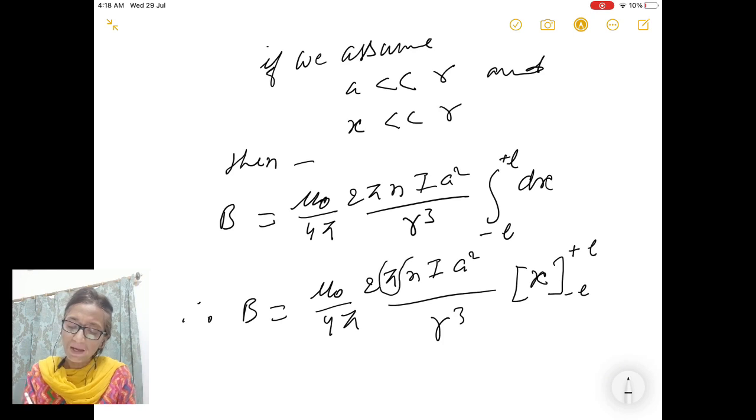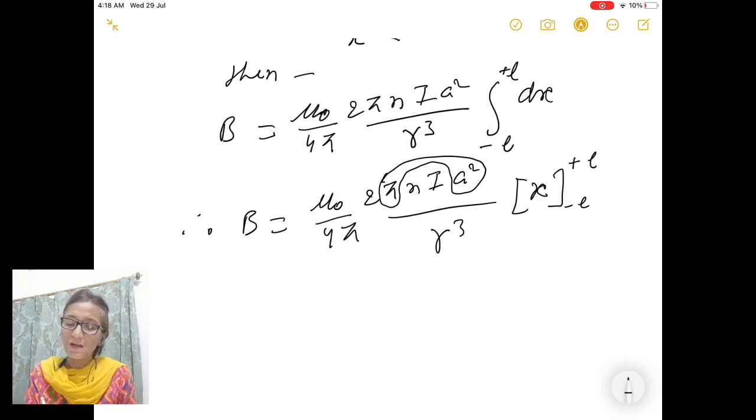Here pi a square, this term, is actually the area of that circular small thickness. So I'll replace it with area.